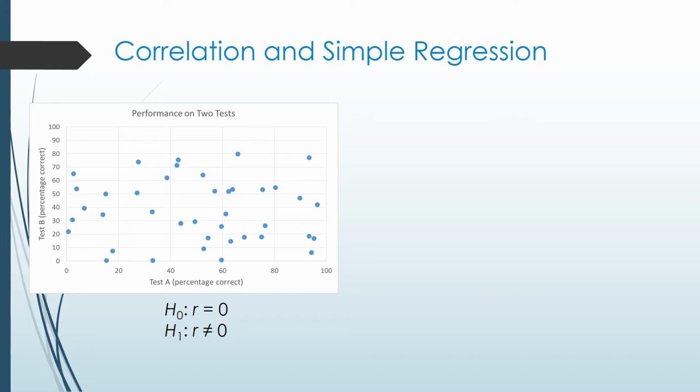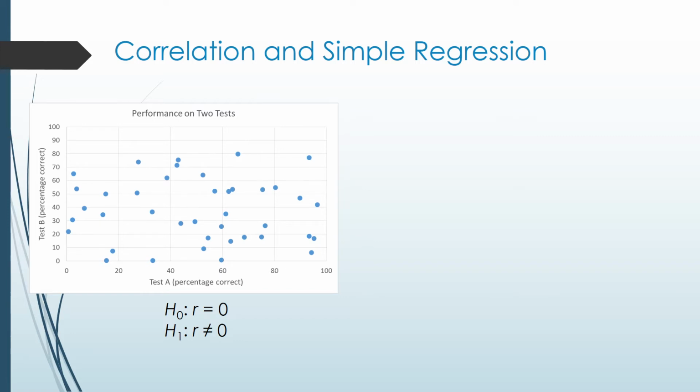So here we see the same set of data, test A, test B. However, in this case, you can see quite clearly that there doesn't seem to be any sort of discernible pattern amongst the data, and that if you go from 0 to 100 as scores on test A, you can't really see a relationship with the scores on test B. They don't tend to go up or go down.